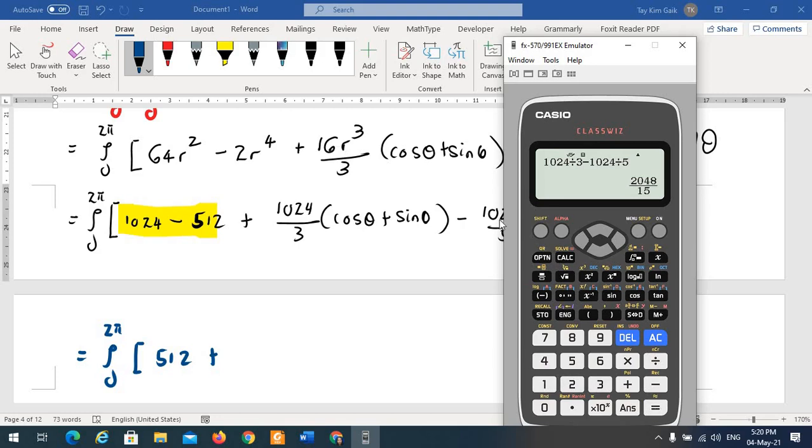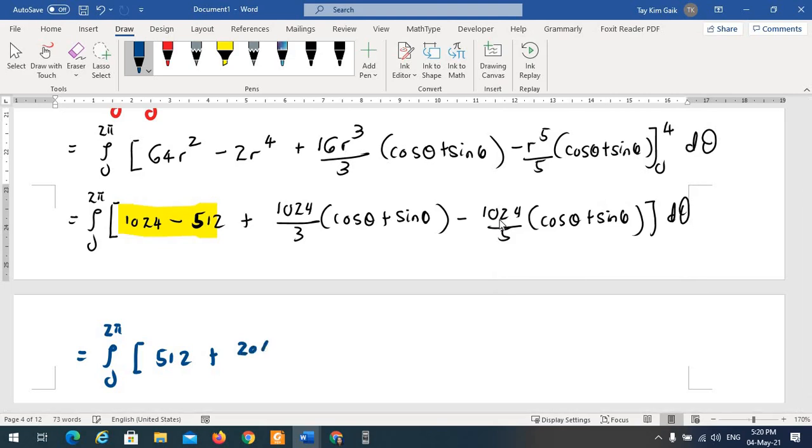So we collect the second and the last term. So in total you have 2048 divided by 15 times cos theta plus sin theta. Collect these two.